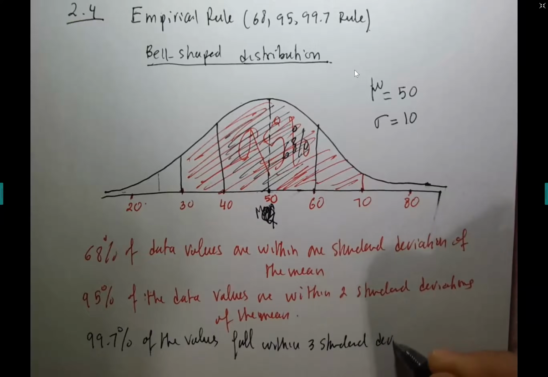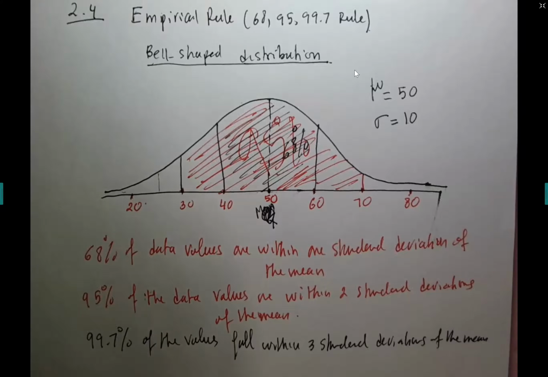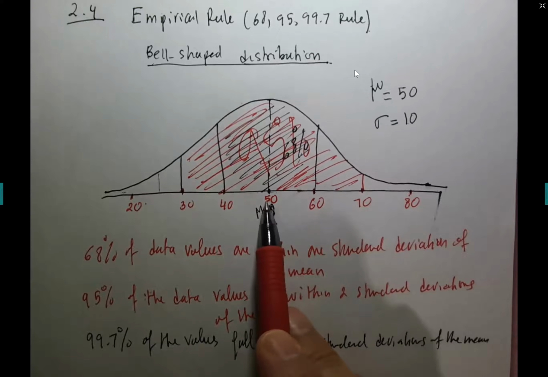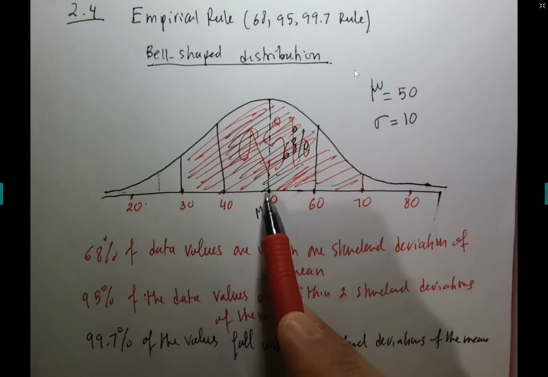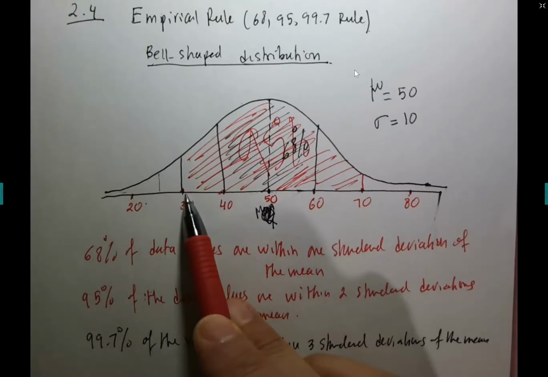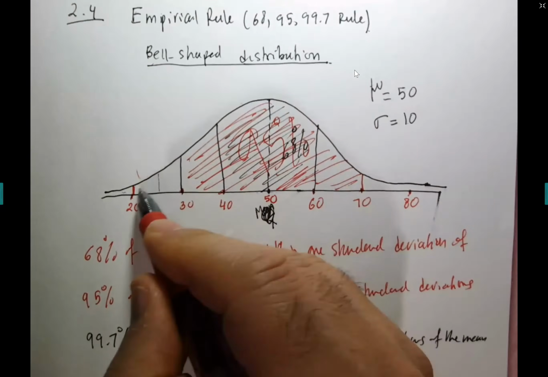Three standard deviations of the mean. Okay, let me tell you what three standard deviations means, guys. If you go from 50 and subtract 10 three times, where would you end up? 40, 30, 20. This is what I meant by three standard deviations.